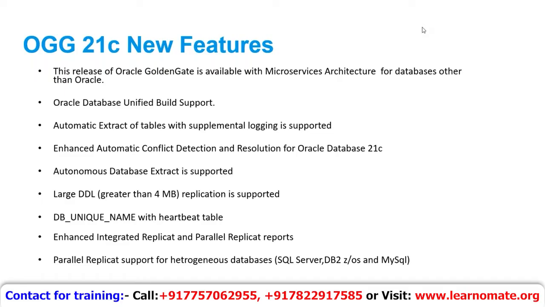But with release 21C, Oracle GoldenGate microservices is available for 5 databases in total including Oracle. Now the support of microservices has been extended to SQL Server, DB2 and MySQL database. And there is one more database, I believe. So the support for Oracle GoldenGate microservices has been extended to more databases other than Oracle.